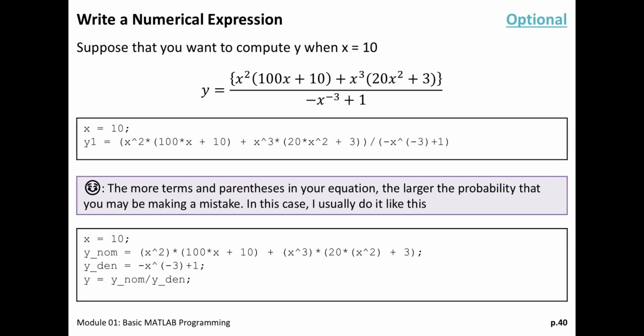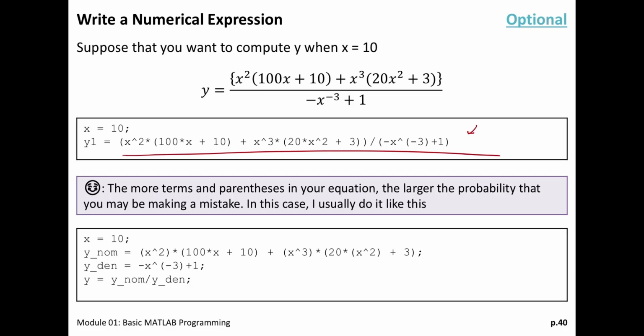Let's assume that you're going to compute the value of y when x is equal to 10. You might write the script like this. You will use many parentheses to avoid a potential mistake in the operator precedence, right? Like this.